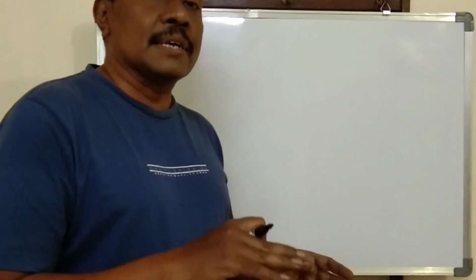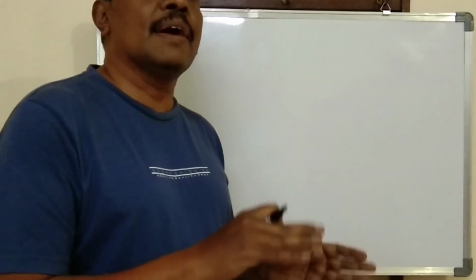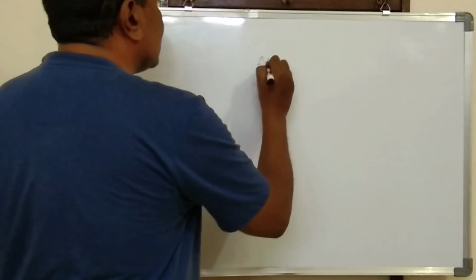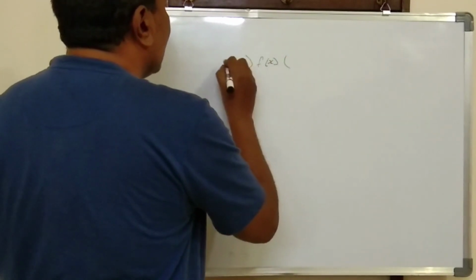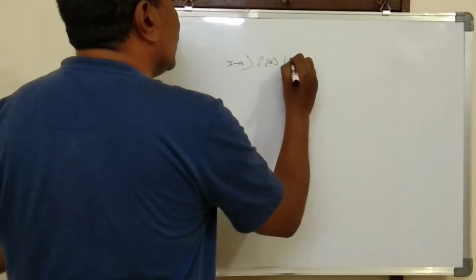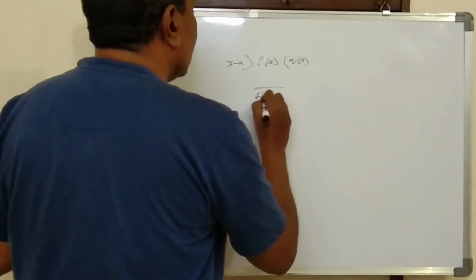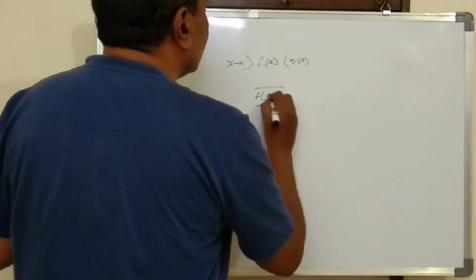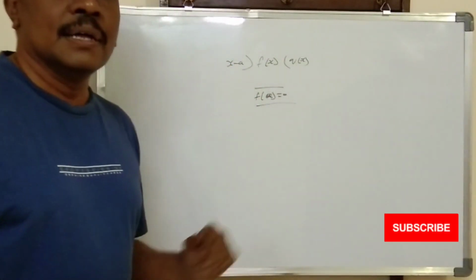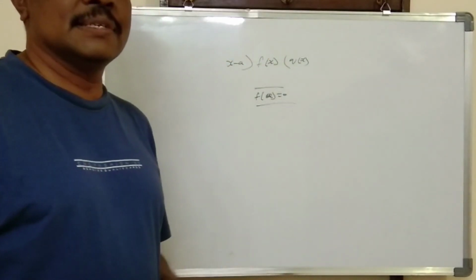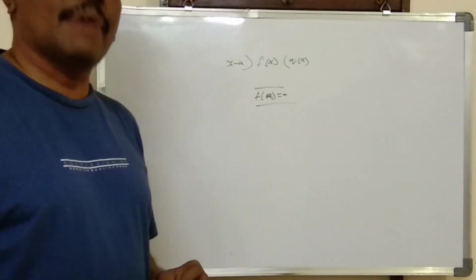If f(x) is divided by x minus a, you get some quotient and the remainder f of a is equal to 0. Then you can say that x minus a is a factor of f(x). This is what you call the factor theorem.